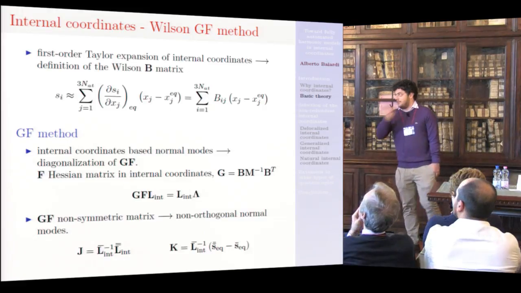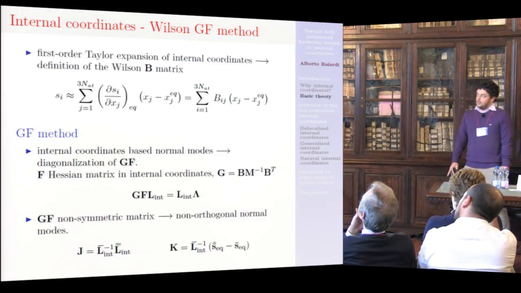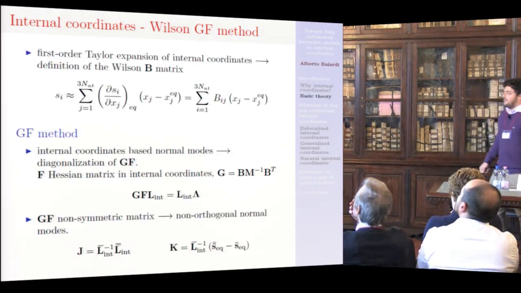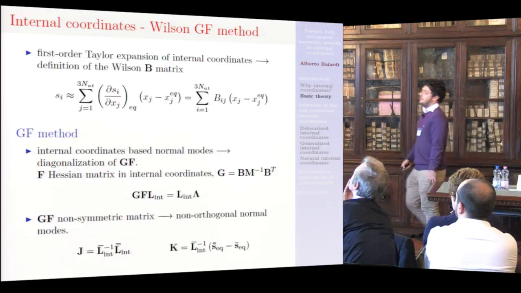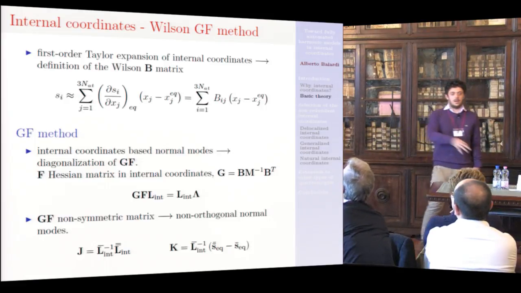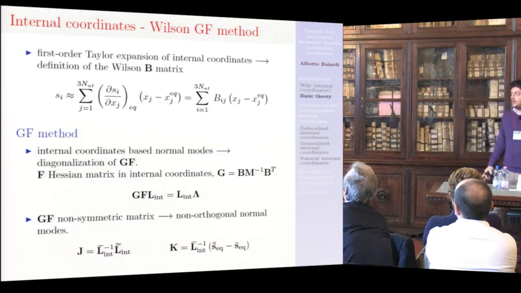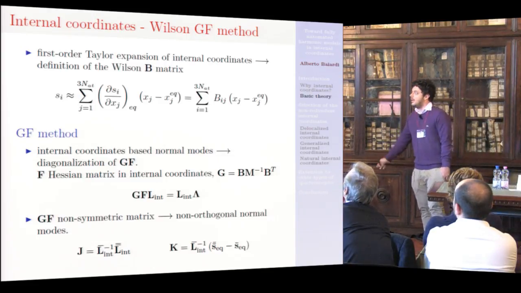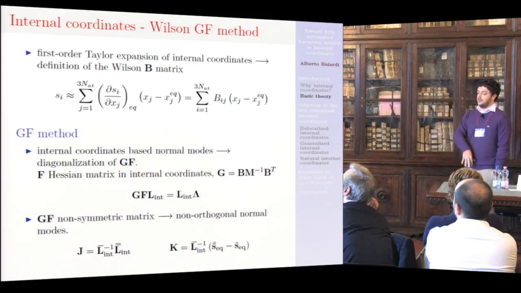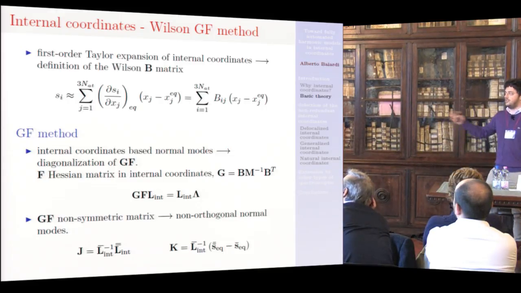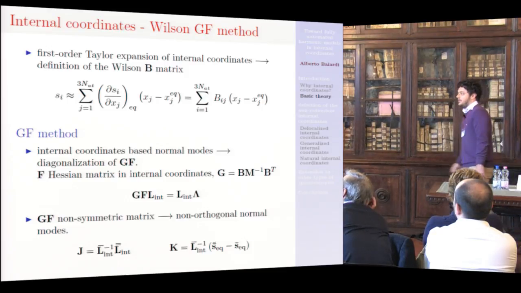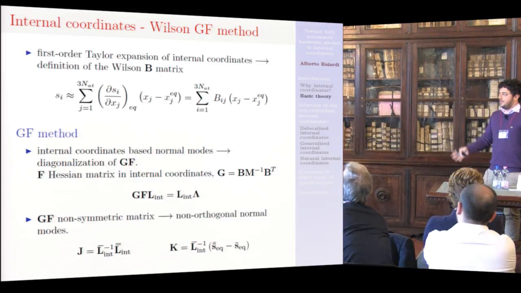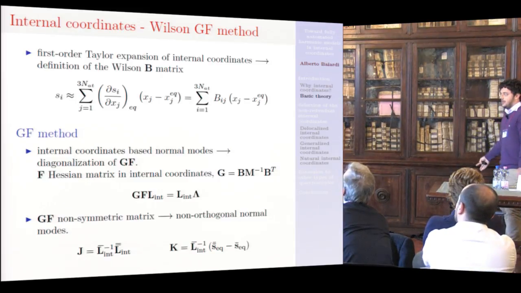The first problem can be easily solved by using the theory of Wilson. You just have to perform the GF method after calculating the Wilson B matrix, which is the first order transformation between the Cartesian and the internal coordinate space. You diagonalize the GF matrix, and then you have the normal modes, which are no more orthogonal with respect to the Cartesian case, but it's a technical problem, and it's quite easy to extend the definition of the Duschinsky matrix and of the shift vector to the internal coordinate case.